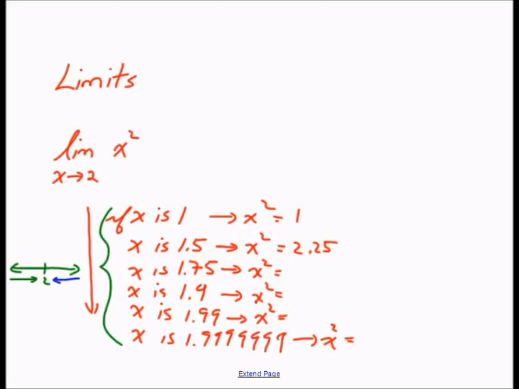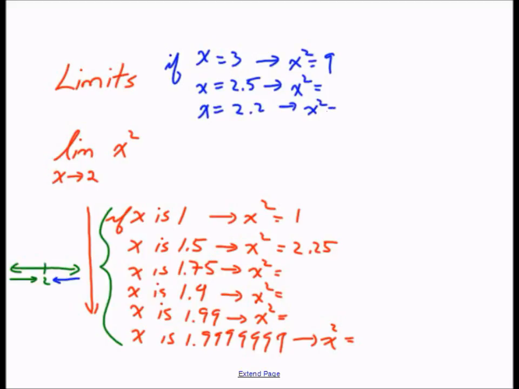So for example, if x equals 3, then x squared will be 9. If x equals 2.5, that's getting closer to 2, then x squared will be a certain number. If x is equal to 2.2, x squared will be a closer number. If x equals 2.1, x squared will be a certain number.